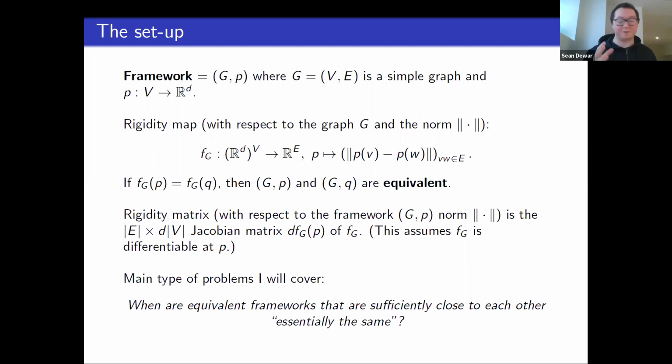When is it basically just the same framework, when has nothing changed? I'll get into this phrase "essentially the same" later on, because this is open to interpretation, but for the moment, that's the sort of problem we're looking at. We're looking at these local rigidity problems.